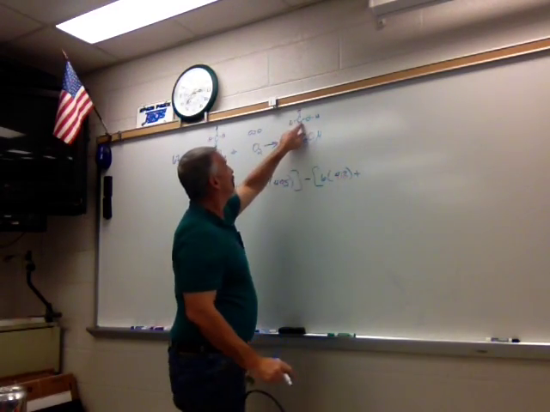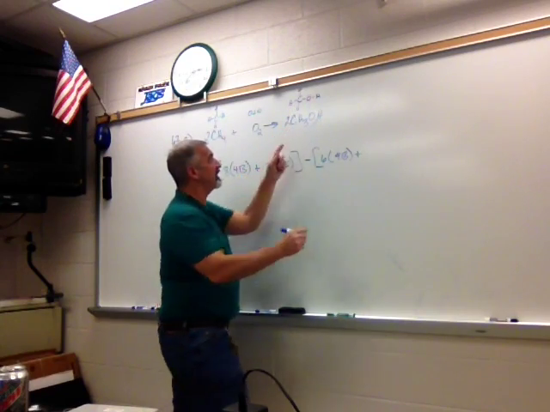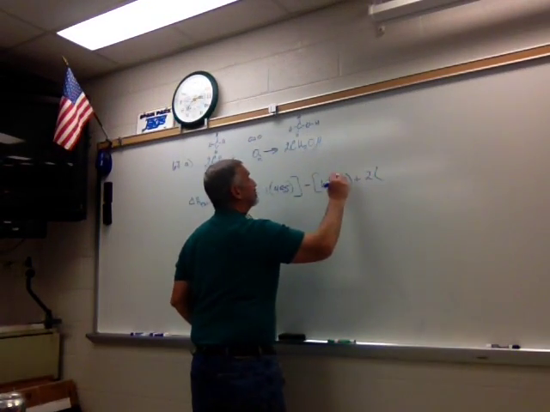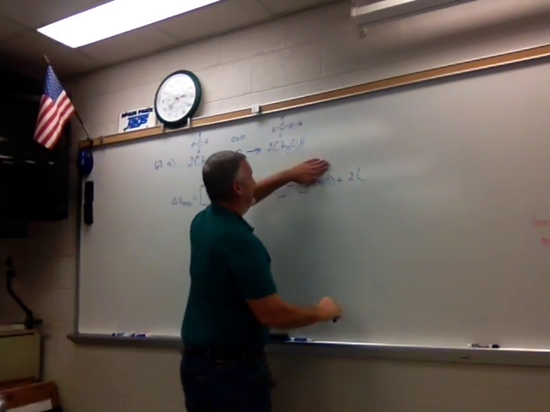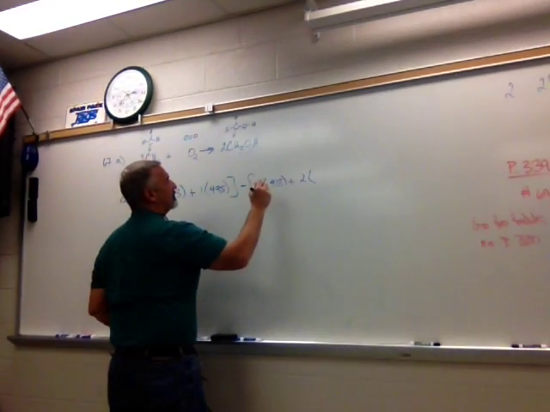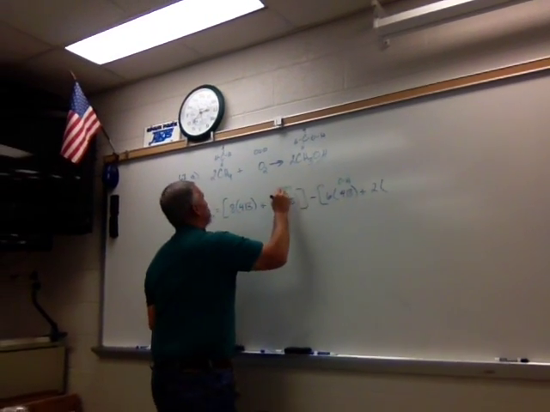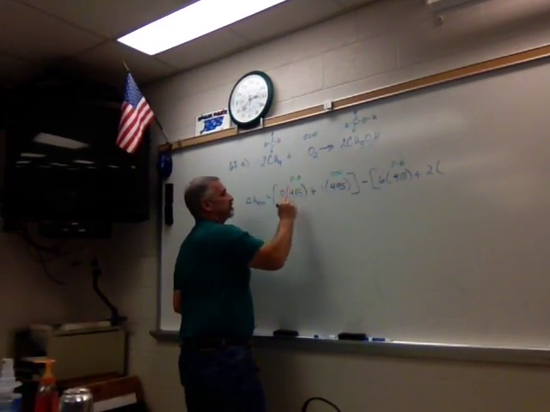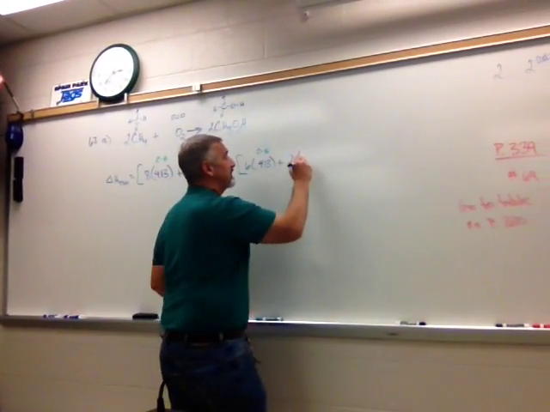Plus carbon to oxygen. We have 1 in the molecule, but we have 2 molecules, so it's going to be 2 times, and this is carbon to hydrogen. So what's the carbon to oxygen? Say it one more time. 358.